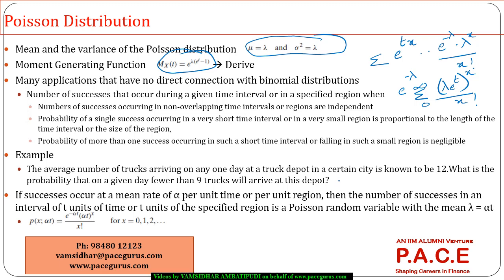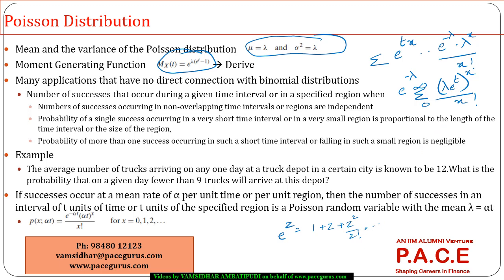I can very well take this as a Maclaurin series of e to the power of z, because e to the power of z will work out as 1 plus z plus z square by 2 factorial and so on.